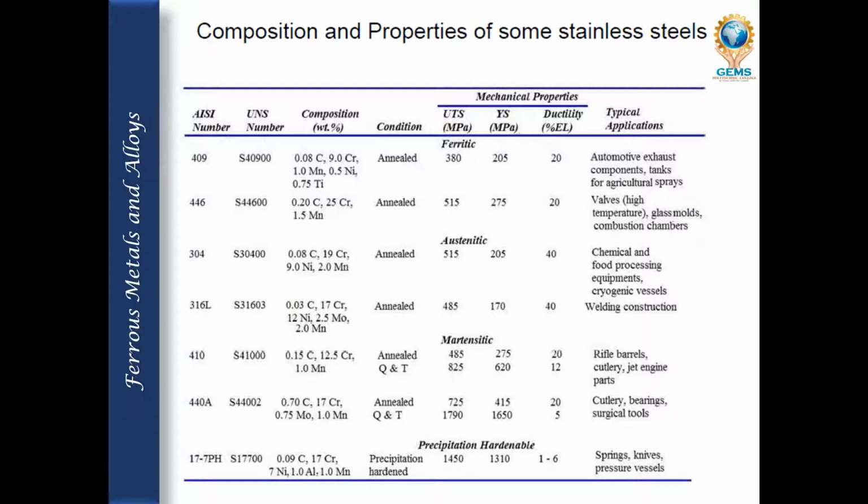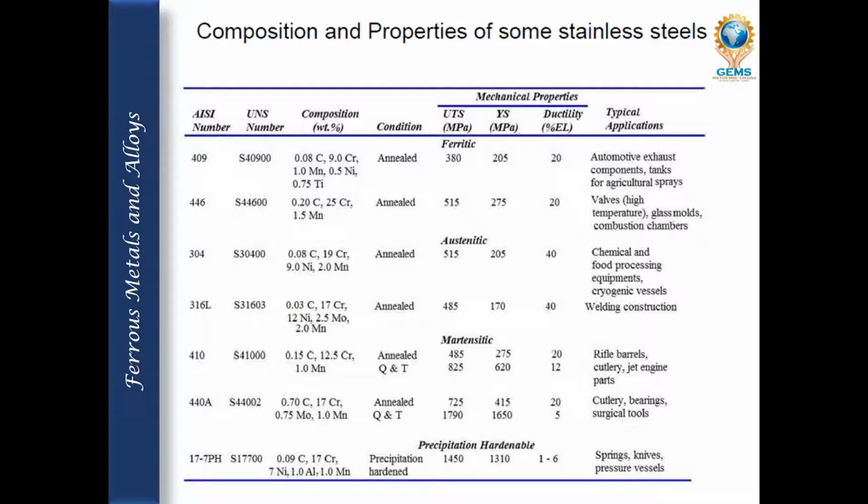Typical applications are automotive exhaust components and tanks for agriculture sprays. The next model is 446, which has a UNS number of S44600, and the composition is 0.20% carbon.